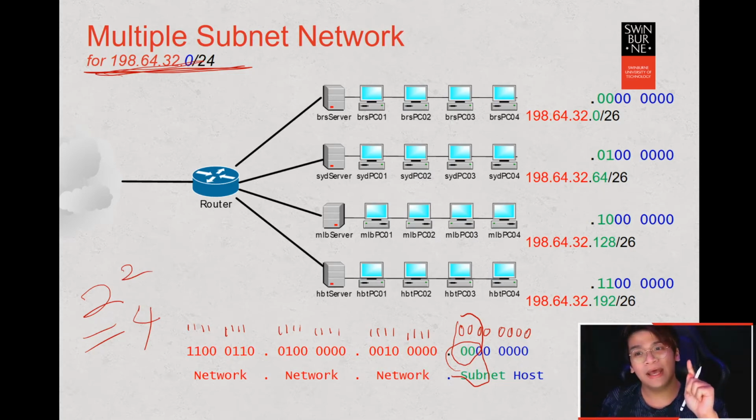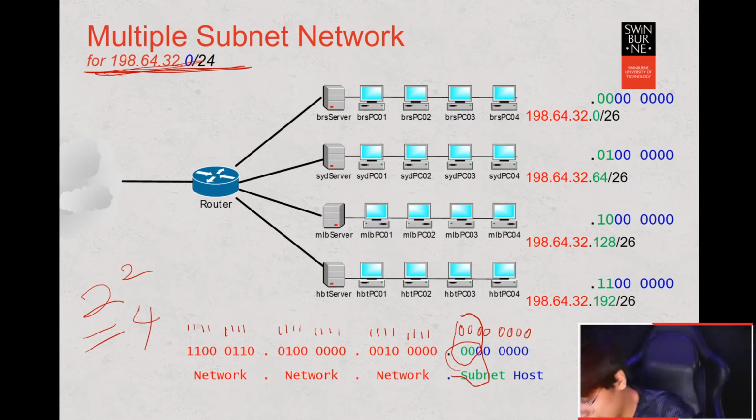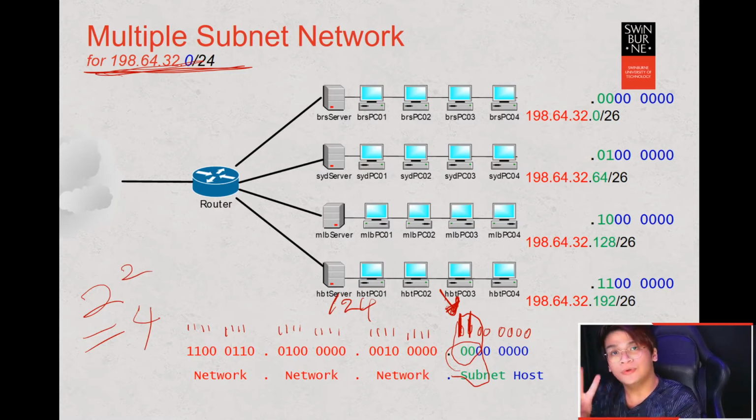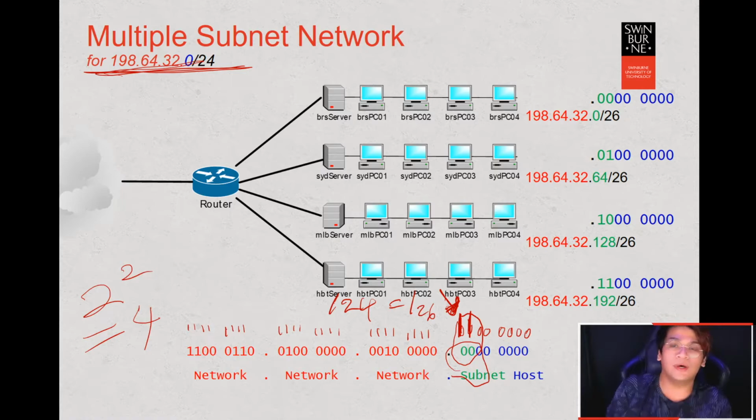And then that is when our subnet mask becomes /26. Because now, we borrow 2 bits from the /24, so the new network mask after subnetting is now /26.